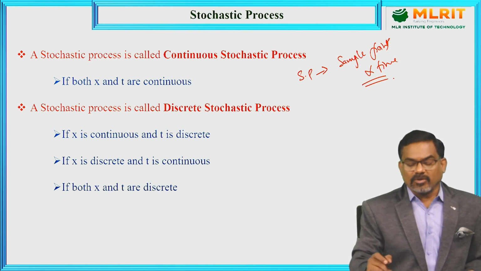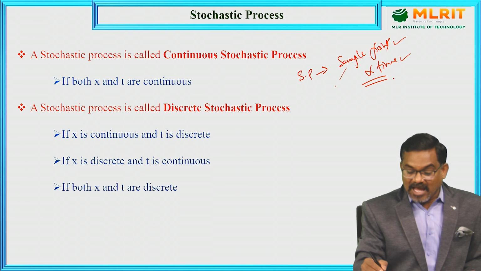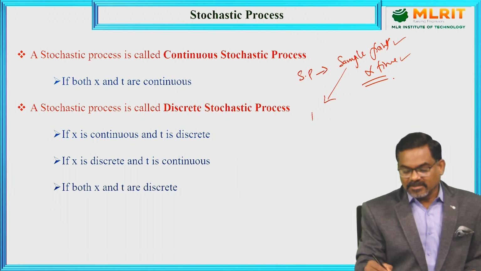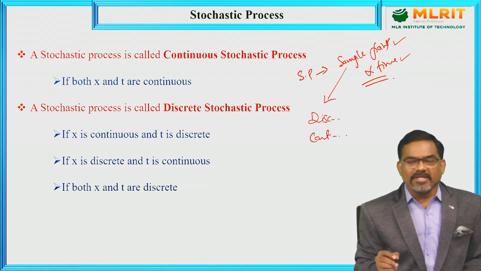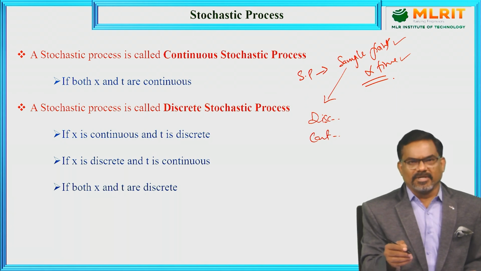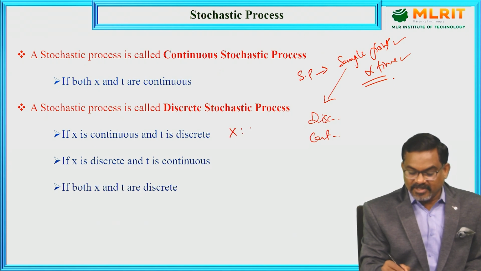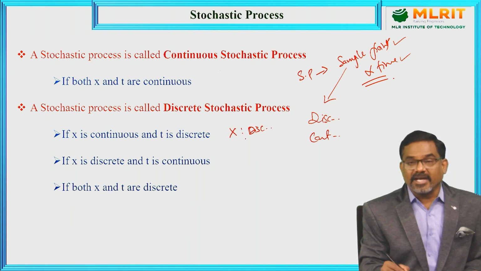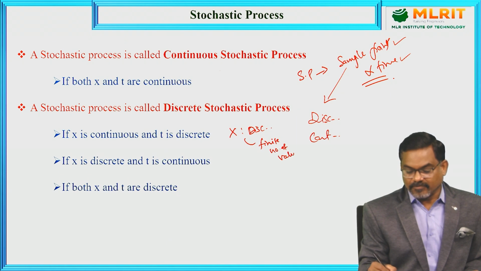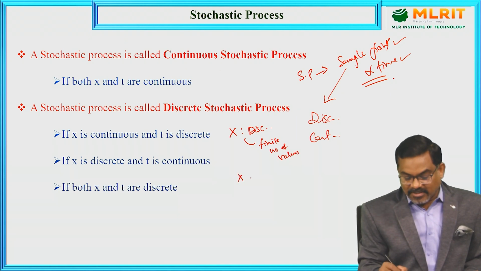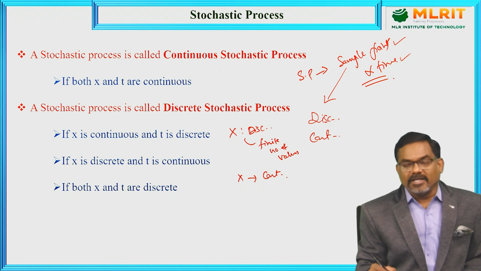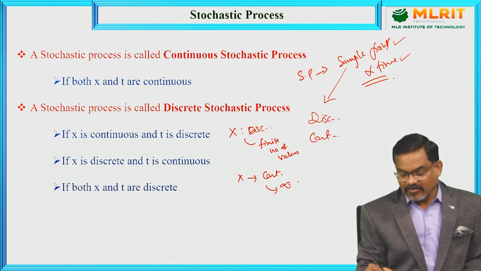The sample points may sometimes be discrete or sometimes continuous. In the case of a random variable, as we have discussed in probability, the random variable X is said to be discrete if it takes a finite number of values, and the random variable X is said to be continuous if it takes infinitely many values.